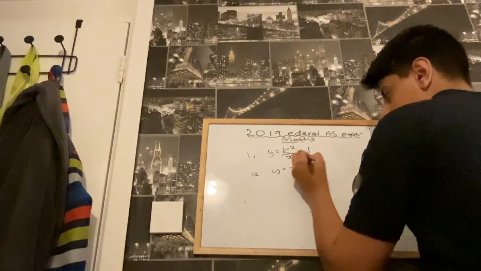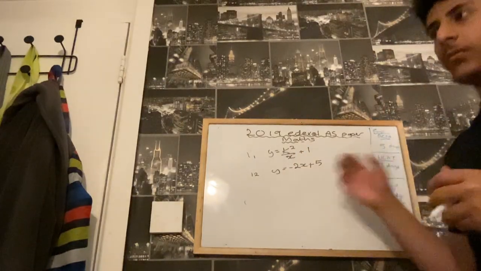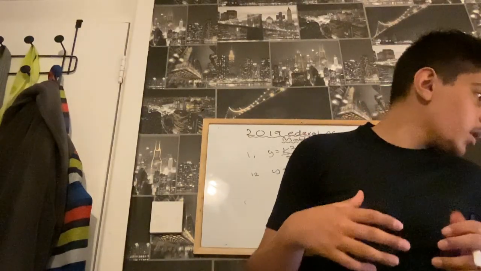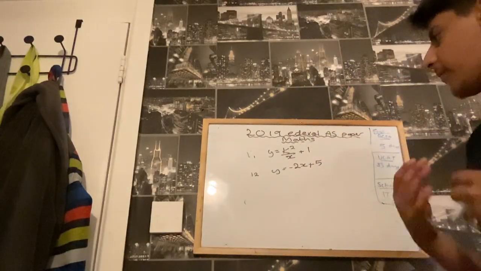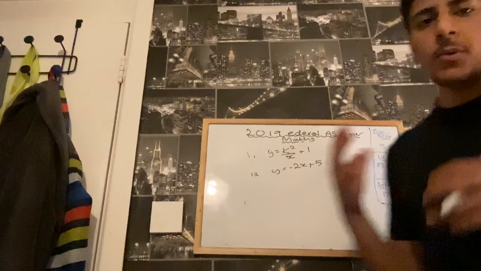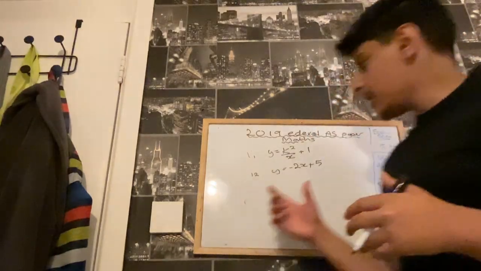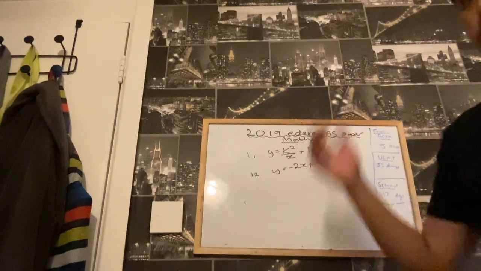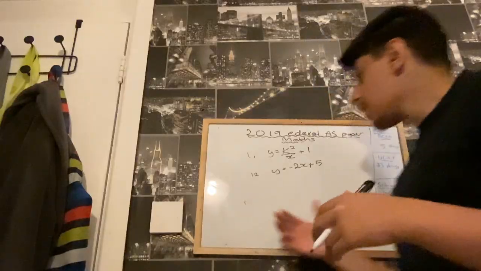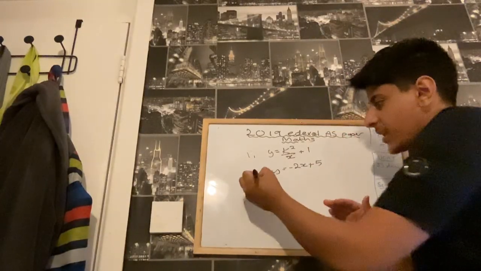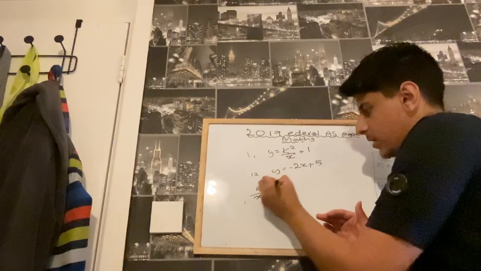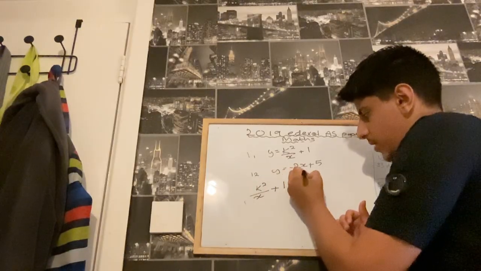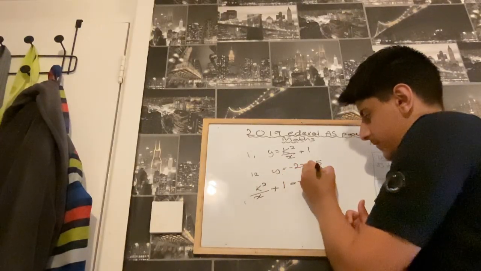Now it's telling us it will equal the equation 2x squared minus 4x plus k squared. How we would solve that is we will do simultaneous equations. So we will make them equal to each other. So k squared over x plus 1 equals minus 2x plus 5.